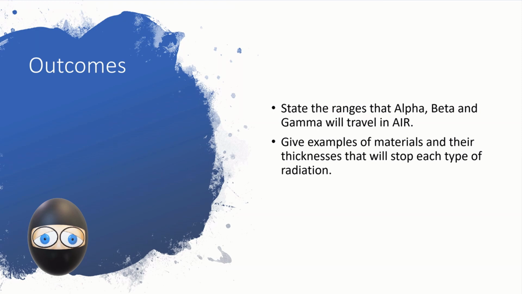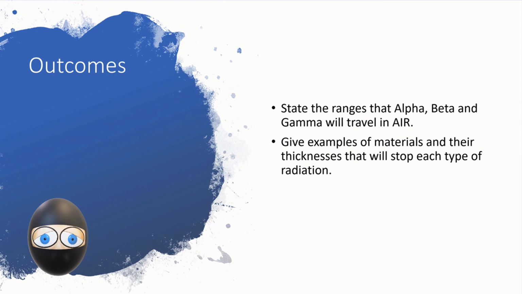Very briefly, the outcomes today. State the ranges that alpha, beta and gamma will travel in air. So alpha will travel 3 to 5 centimetres, beta will travel several metres, and gamma really won't be stopped by air very effectively at all.